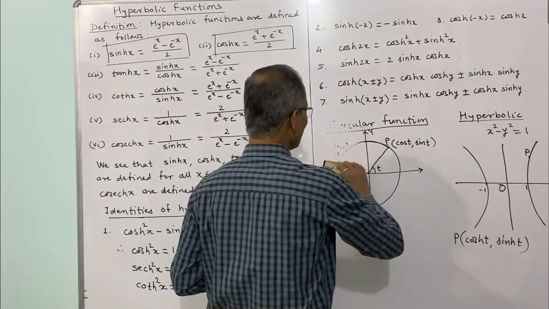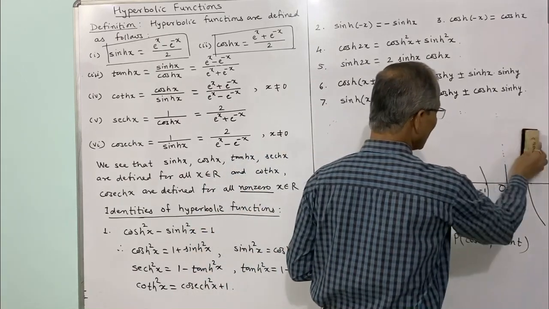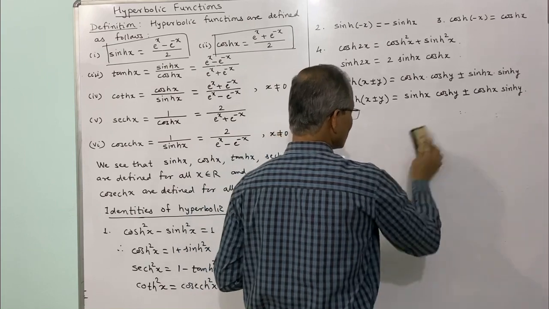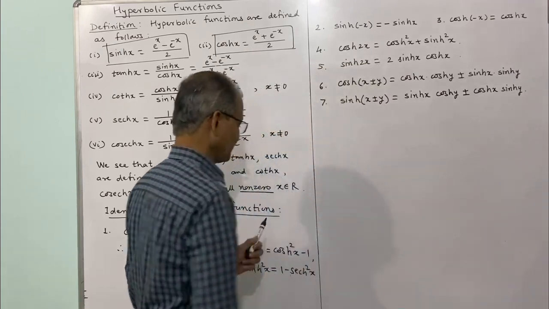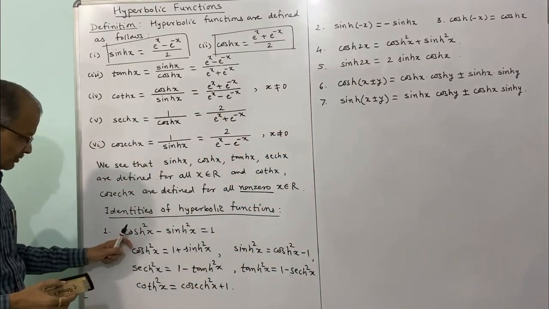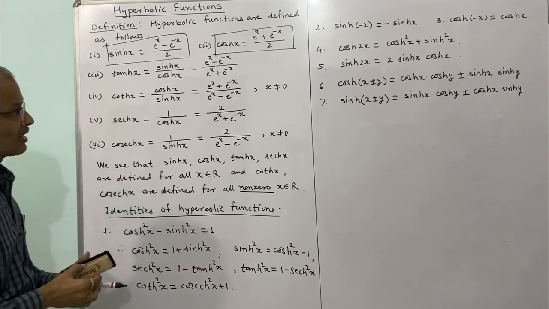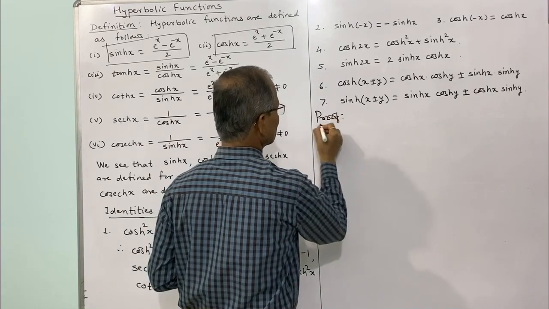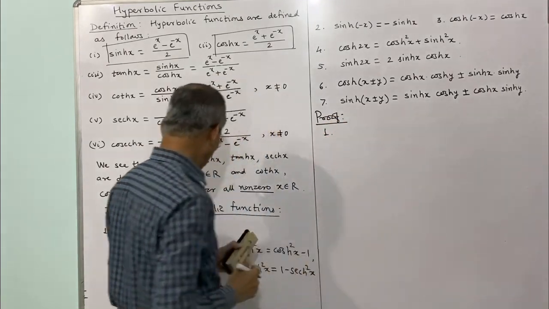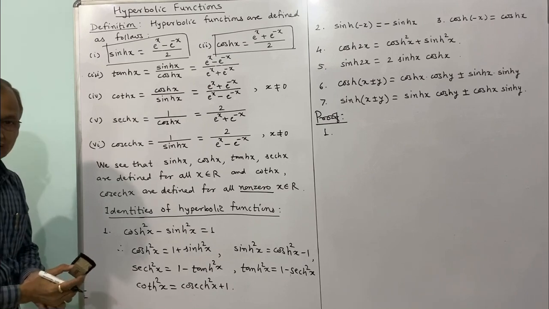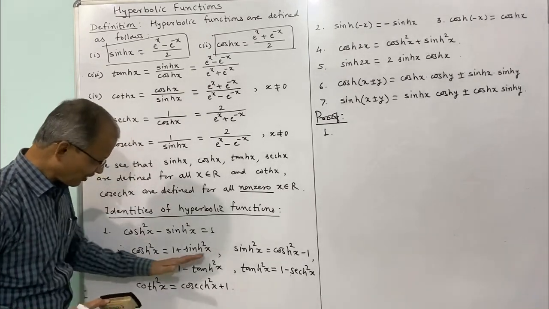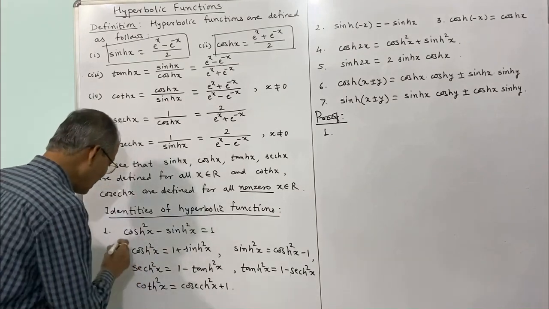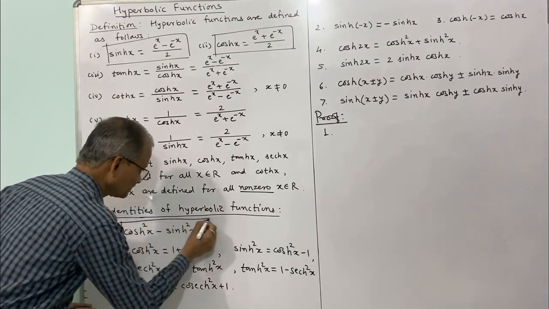Now we have written identities, and these identities can be proved using the definition only. A few of these we will see, and first we shall prove hyperbolic cos square x, the proof for the first. These remaining are the formulae formed from only this identity. So the main identity is only this one.